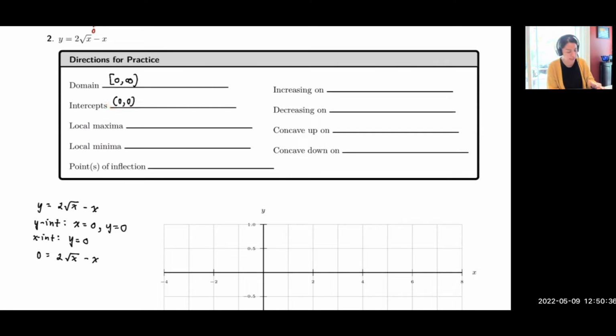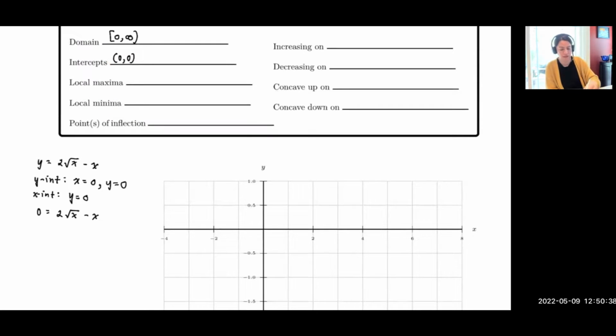So we'll go ahead and just solve for x. Let's move x onto the left side, and we get x equals 2 square root x. And this is like a little old square root property trick, right? You can square each side and you get x squared equals 4x. I put it in red because it's like mental math.